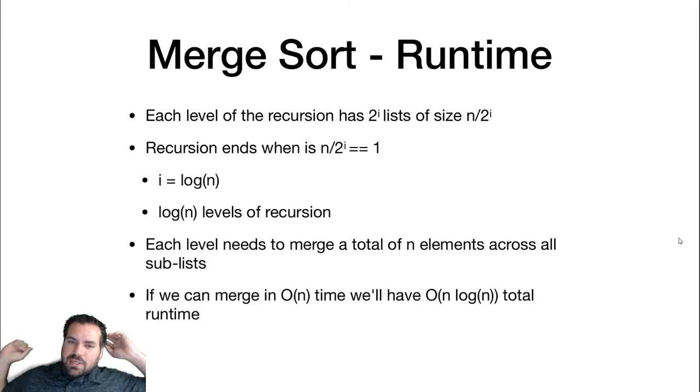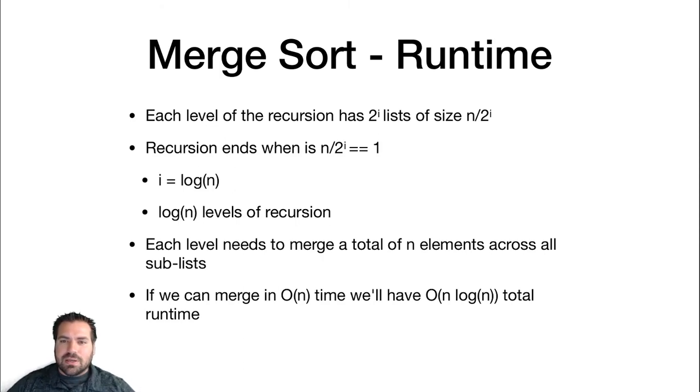So let's talk about the runtime quick. You'll look through this runtime proof more in depth when you get to 250, so I want to give you just the TLDR of it. So we have a list of size n, and at each level of the recursion, we're going to split the list in half. We're going to halve the size of the list, and we're also going to double the number of lists that we have.